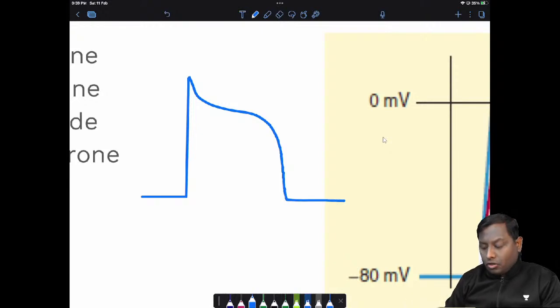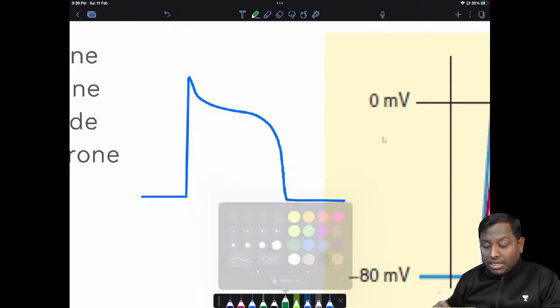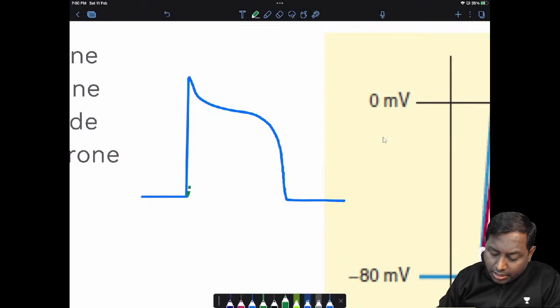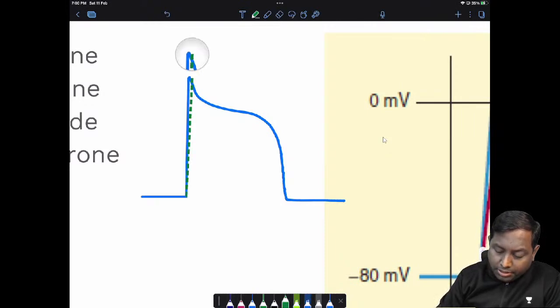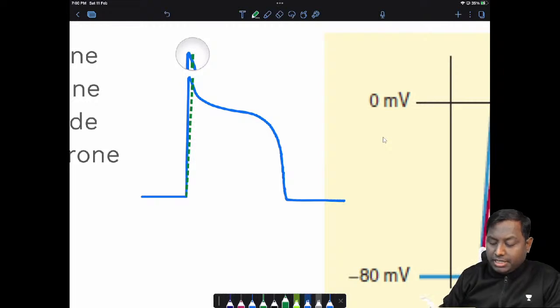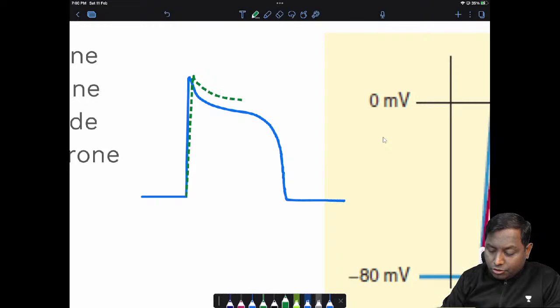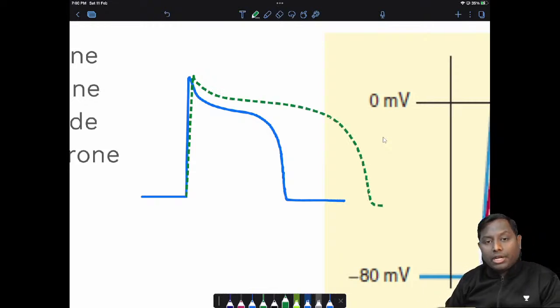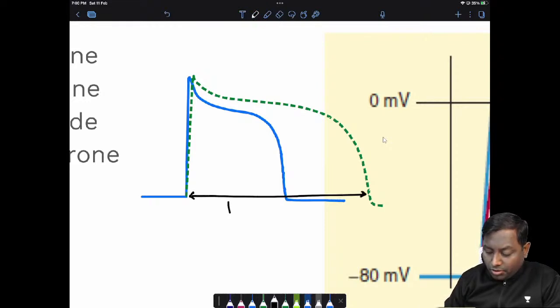So this will be one of the normal action potential durations, and whenever you see a graph like this, if you see that the slope of depolarization is not changed, it is almost the same, I'm just trying to show you with the red line that the slope of depolarization is not changed at all. The only change shown here is in the slope of repolarization. So whenever there is only a change in repolarization, that means an increase in the action potential duration only.